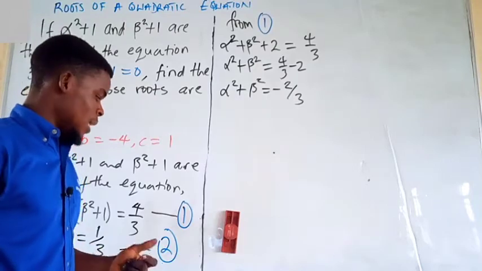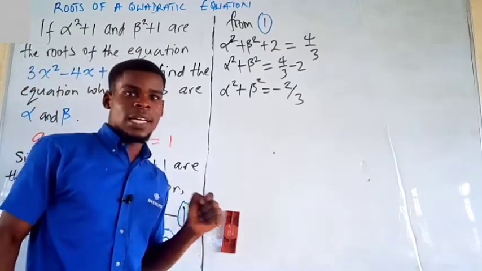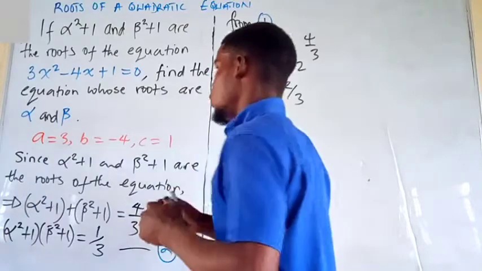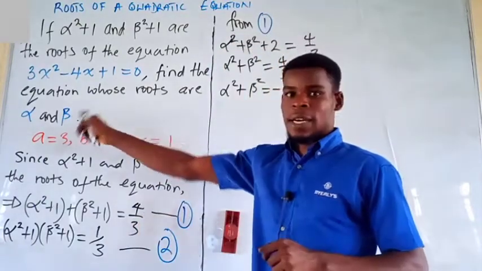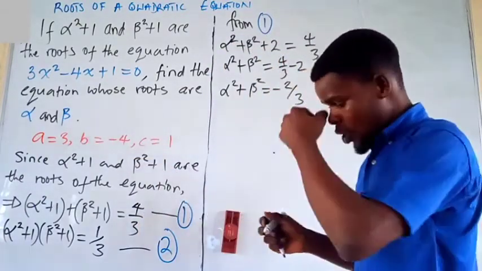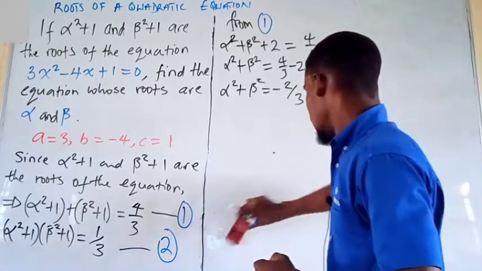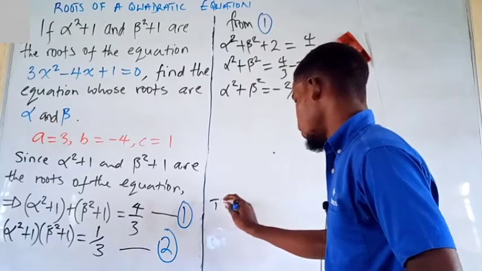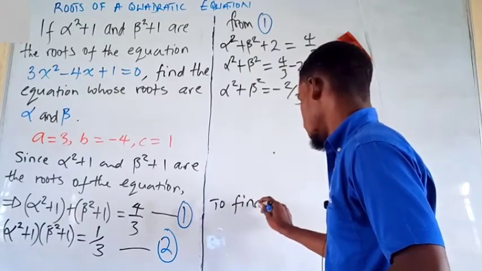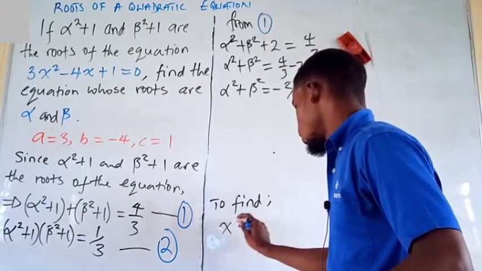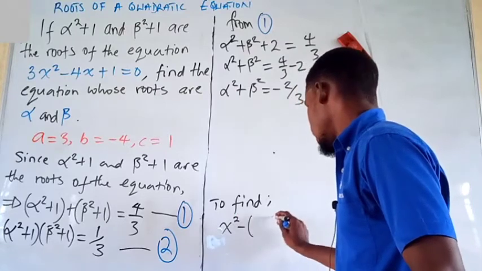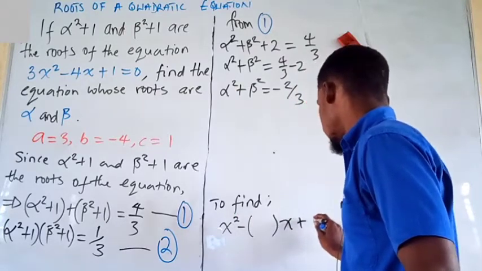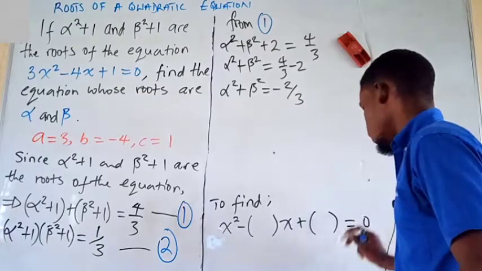Alright, from here, let me pause and say something. We have to find an equation whose roots are alpha and beta. In other words, we have to find an equation, and the equation will be of this form. So let me just put it down: x squared minus blank x plus blank equal to 0.